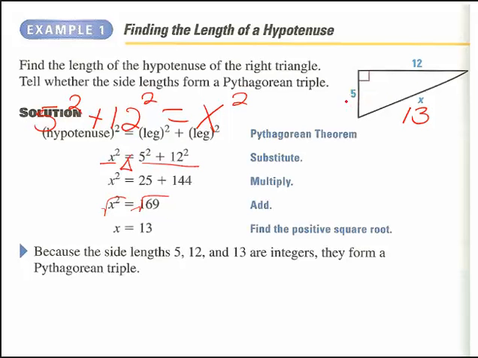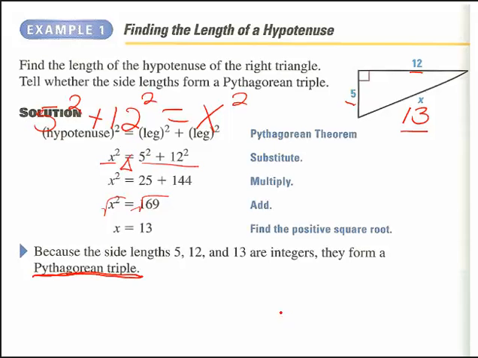Whenever you have three whole numbers that work in Pythagorean theorem, that is called a Pythagorean triple. We call these integers. So because the side lengths are integers, they form what is called a Pythagorean triple. You need to know that term. It's when all three sides of a right triangle are integers or whole numbers.